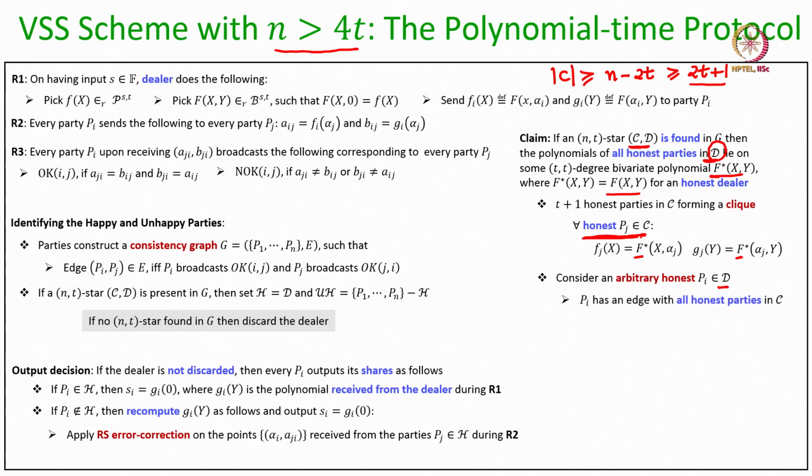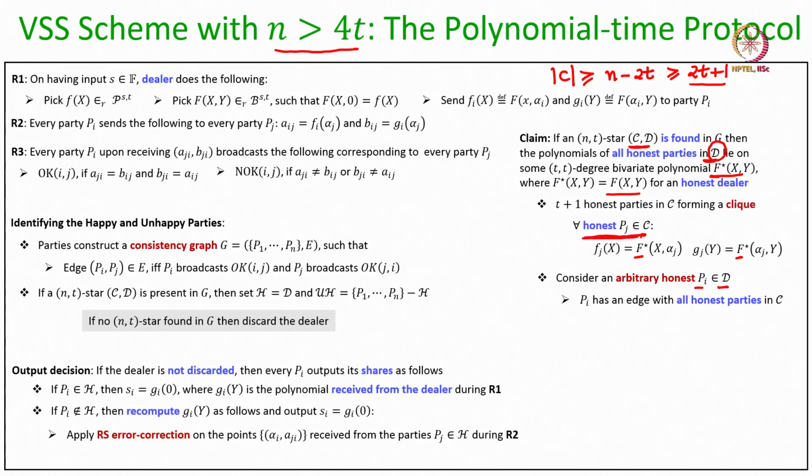Now, what is the property of the star? The property of the star is that the node representing this party Pi has an edge with all the parties representing the C component of the star.